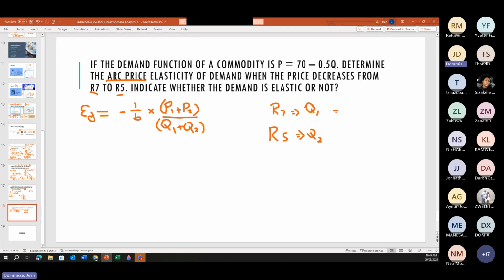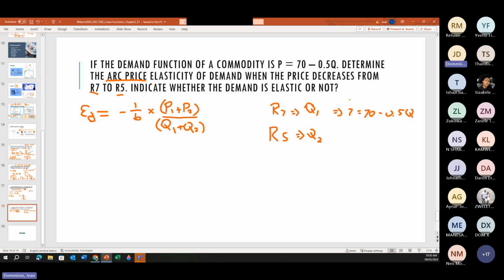Okay, so we go to the regional. We know that for price 7 is equal to 70 minus 0.5Q.